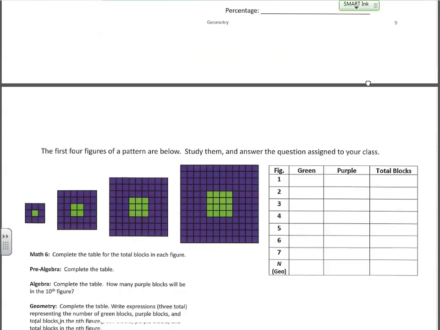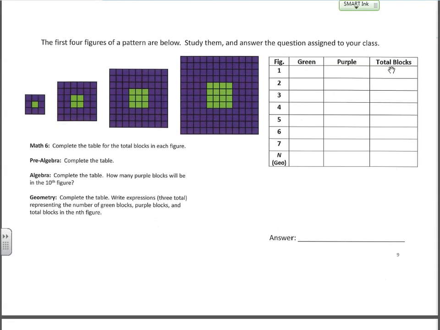Next one, pattern block question. We talked about this in algebra. Your extra job, in addition to completing the table, is writing those expressions so that if I ask you how many green blocks are in the 21st figure, instead of drawing this table all the way out to figure number 21, you should be able to plug 21 into your expression and give me the answer.